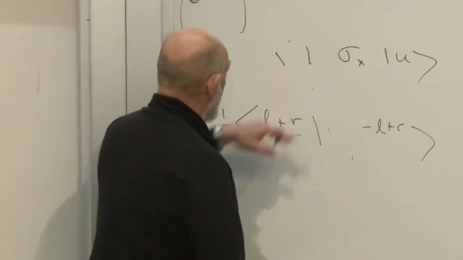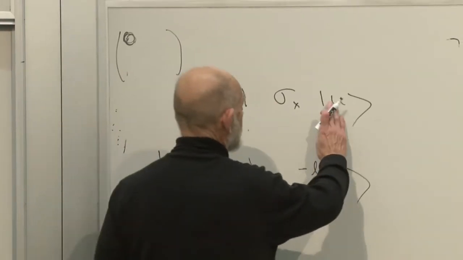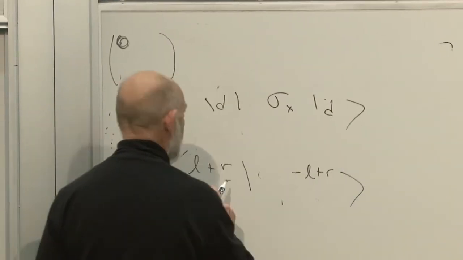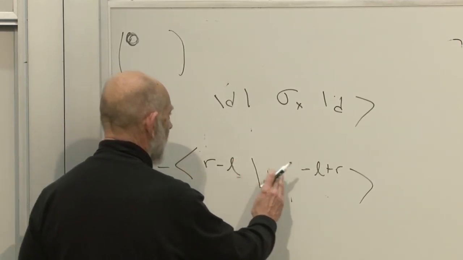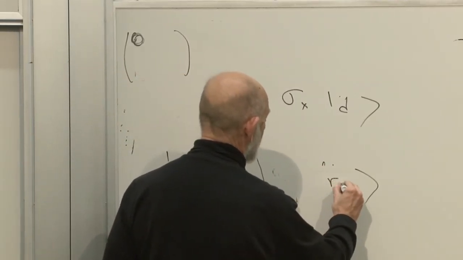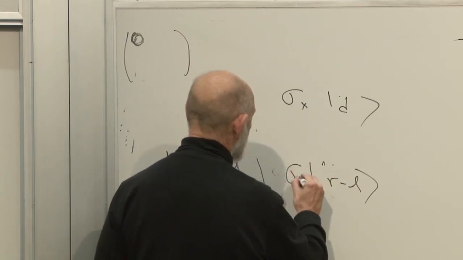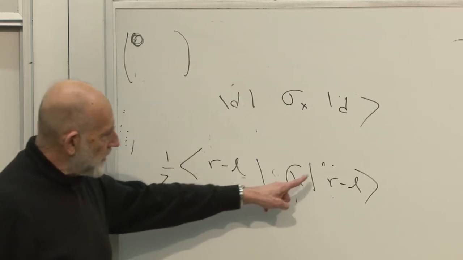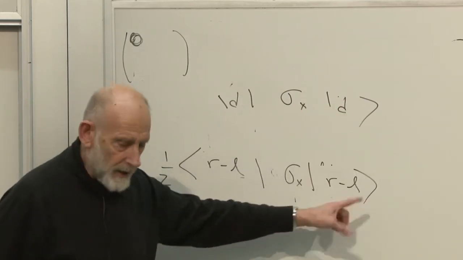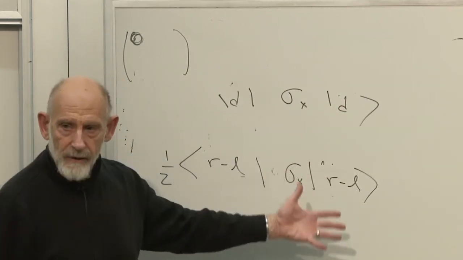It's easy to get the down-down matrix element. You would do exactly the same thing, except that you would start with right minus left, sigma x, right minus left. And then you would say that when sigma x hits right, it's plus right. When it hits left, it gives minus left.